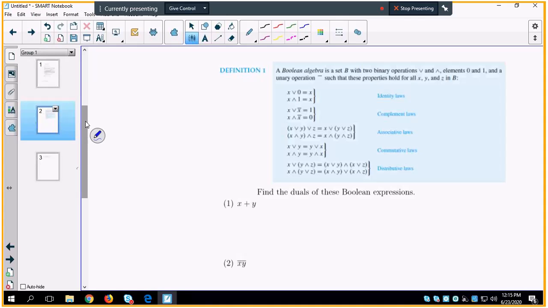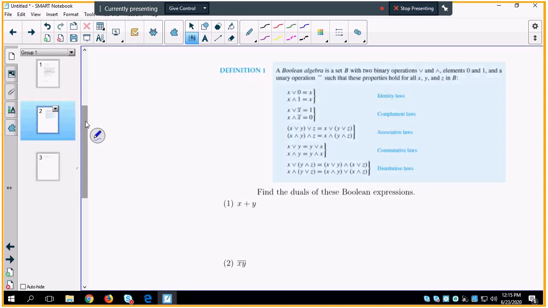And the OR distributes over AND and the AND distributes over OR, in other words, x OR (y AND z) is (x OR y) AND (x OR z), and x AND (y OR z) is (x AND y) OR (x AND z). As long as I'm following the laws of identity, complement, associativity, commutativity, and distributivity, then we call the OR, AND, and complement a generalized abstract Boolean algebra.